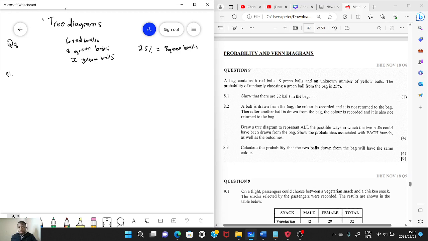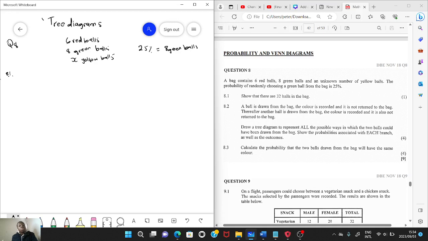You see, so we were told that the probability of choosing a green ball is 25%.